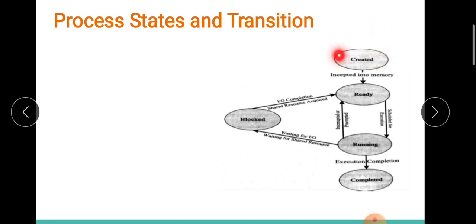Once this created process has been allotted memory, and is waiting for the processor to call it for execution, then it's in the ready state. Created: your process has been created, no memory. Ready means the process has been created, it has memory, and it is waiting for the call from the processor. That's the ready state, right?